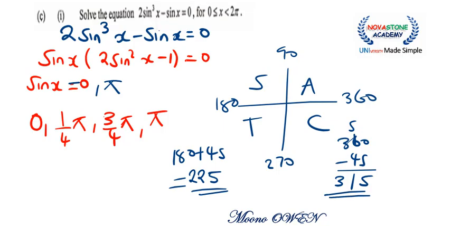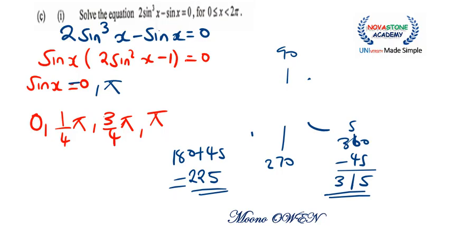So even these ones are valid answers because they are below 360. It means our solution is supposed to have 6 answers. If you just write the first 4, you're not going to get all 4 marks. So we're supposed to also convert 225 and 315 to pi.